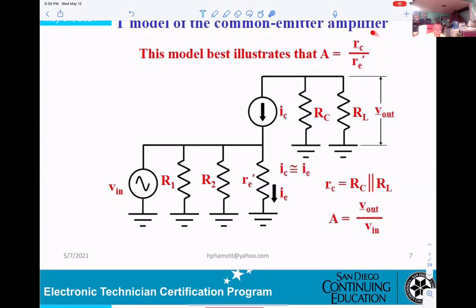I believe we can find it somewhere in the handout. Okay. I guess what I was asking is, r'e is so small that when you're calculating the gain, R1 and R2 wouldn't apply. In other words, r'e is really, really small compared to those other values, and so is RC.